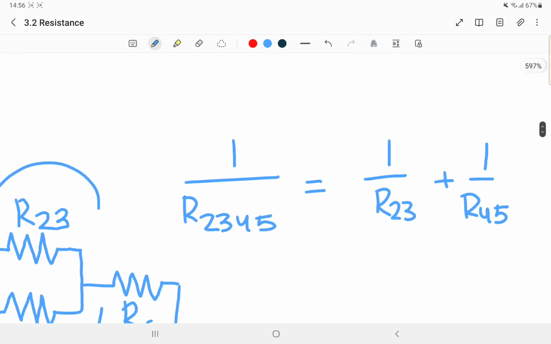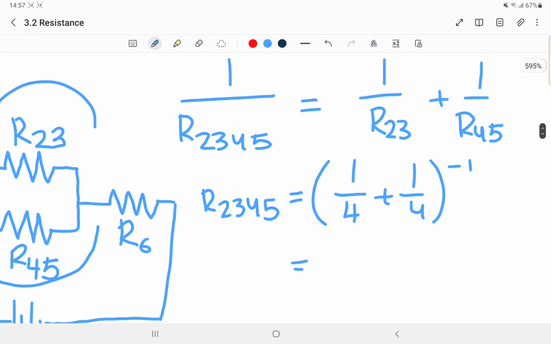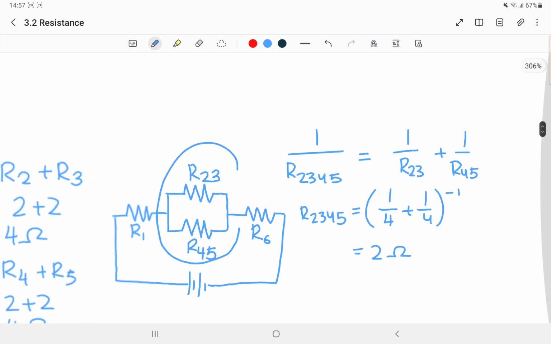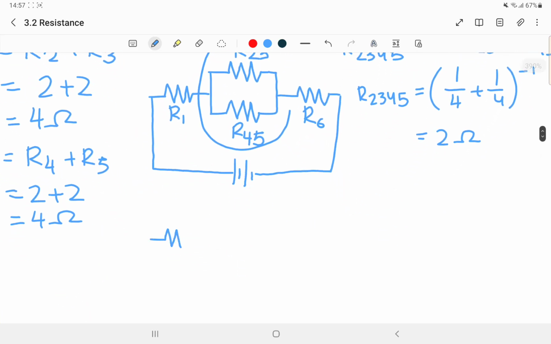Now we can substitute all the values that we got just now, which is 1 over 4 plus 1 over 4, to the power of negative 1. And this will give us 2 ohm.